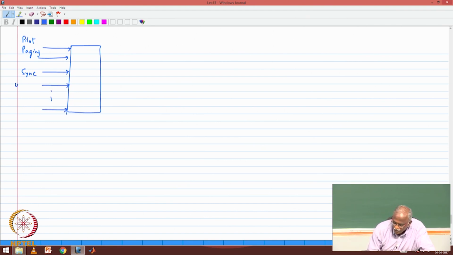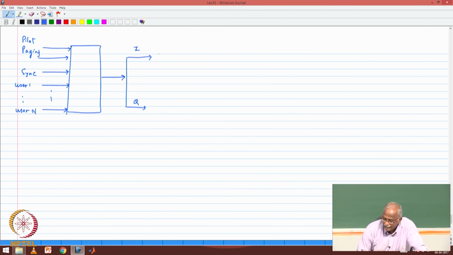So it could be user 1 to user n, all their signals, using different codes, all of them punctured, power control, all of that, and I come out with a data sequence, and the same data is sent on both the I and the Q branches.